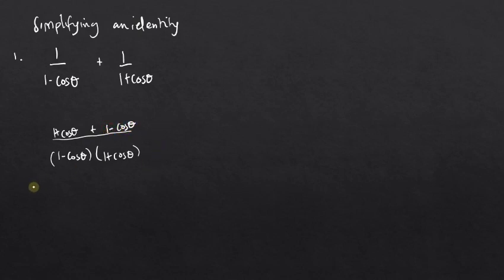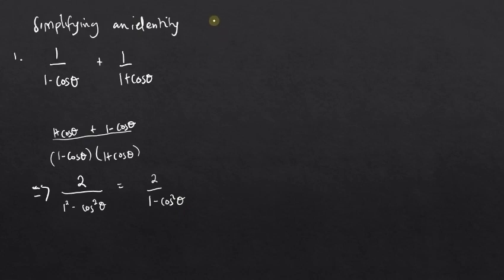The denominator is a difference of two squares, and at the numerator, the cos will cancel the negative cos, so you'll be left with 2 over a difference of two squares. This difference of two squares is the same as 1 squared minus cos squared theta, so this will give us 2 over 1 minus cos squared theta.